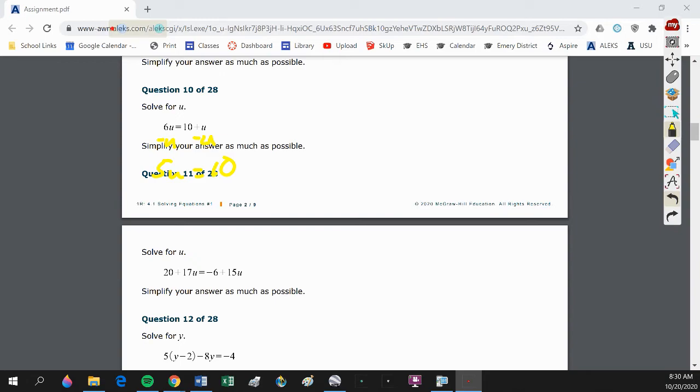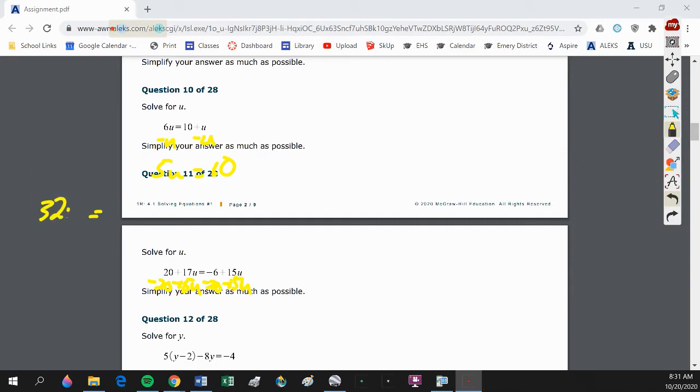Something similar happens on number 11. I'm going to subtract the 15u to the left, and I'm going to subtract the 20 to the right. So on the left side I have 22u is equal to, wait, that's not right, 32. That's a 15.